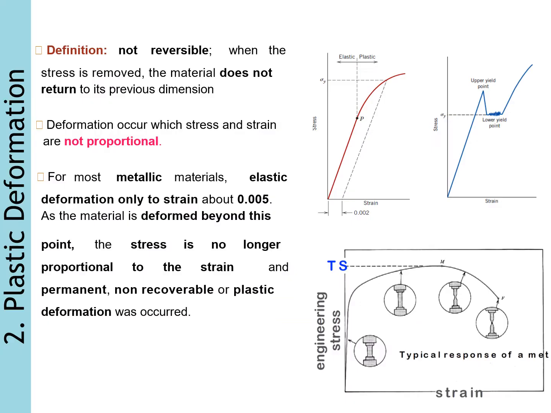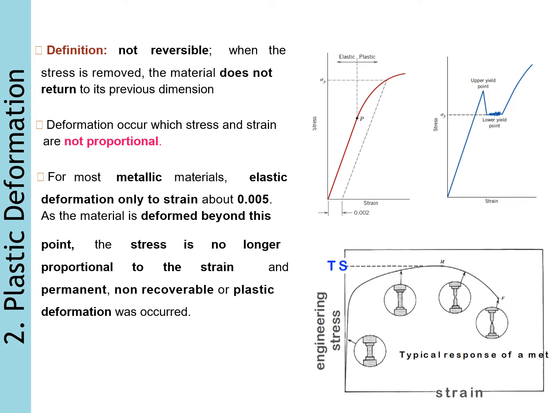Alright, so by definition, now we move to plastic deformation. In this plastic deformation, if you can see the figure here, there are two figures. The definition: it is not reversible when the stress is removed, and the material does not return to its previous dimensions. So deformation occurs where stress and strain are not proportional.